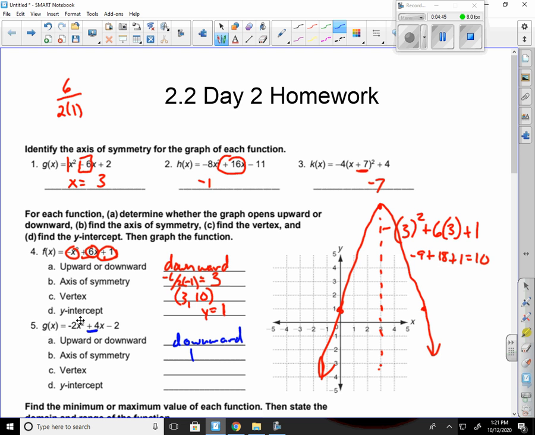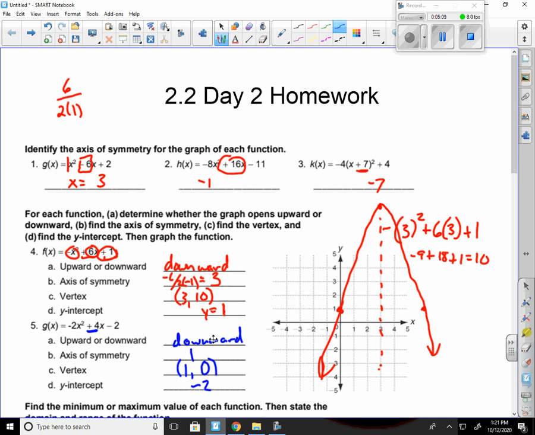Take that positive 1, plug it in. That gives me 1 squared is 1 times negative 2 is negative 2 plus 4 times 1. So I have negative 2 plus 4, that's 2, minus 2 gives me 0. So my vertex is at 1, 0. My y-intercept is at -2.